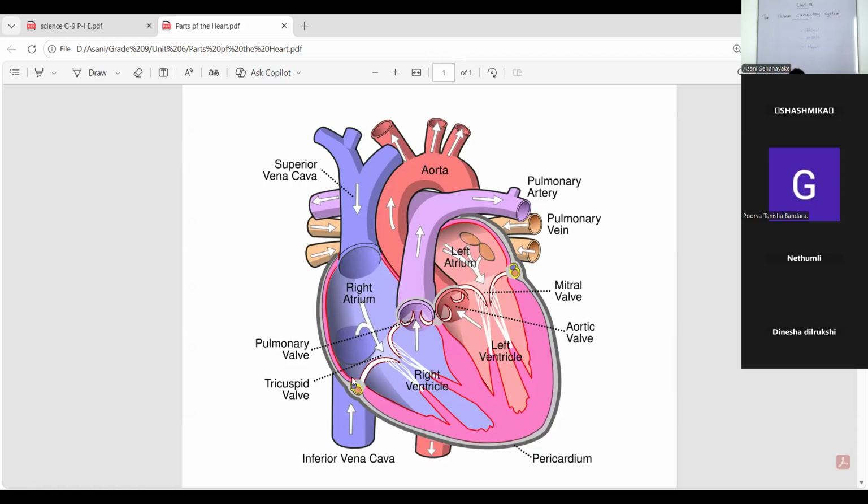Inferior vena cava is not shown here. Sorry, there is inferior vena cava, and again tricuspid valve, pulmonary valve, mitral valve, aortic valve. So likewise, different things there. Okay, so you don't have any idea what those parts are.